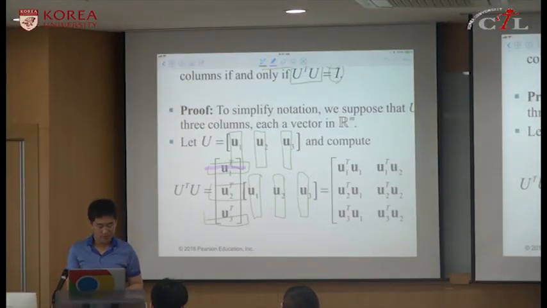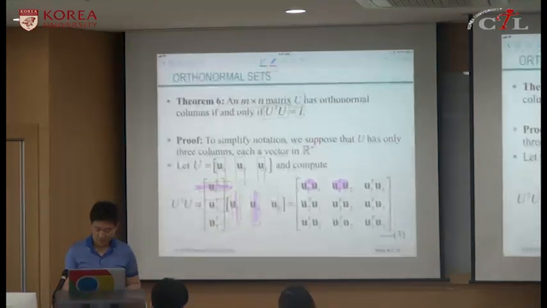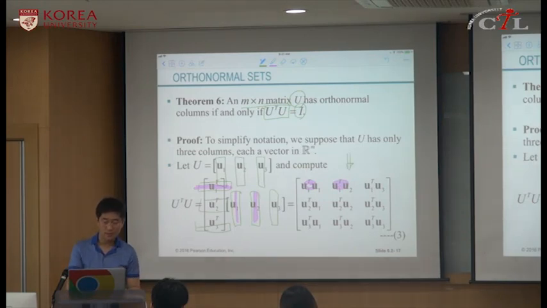So we have this first row and the first column vector that forms this entry, and this row and this column form this entry. Okay, and then we can represent the resulting matrix element-wise in this manner.